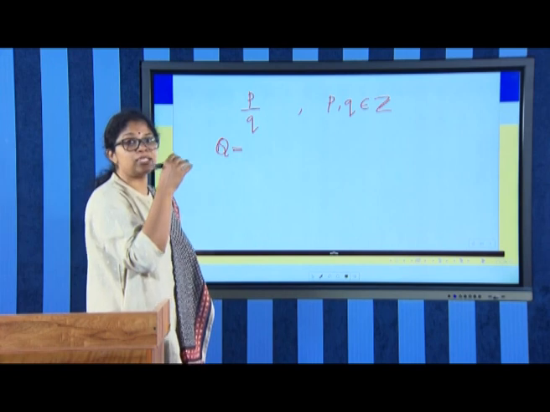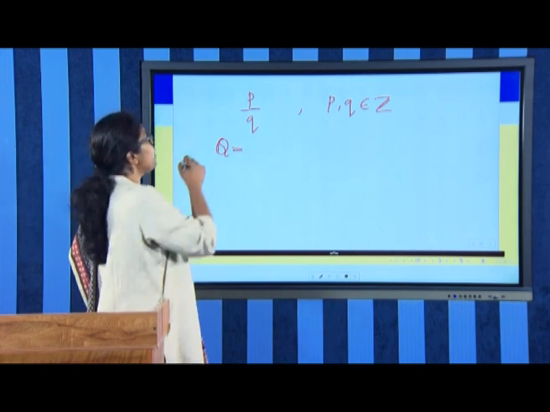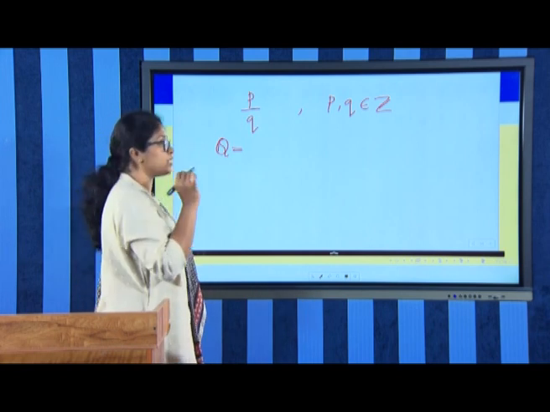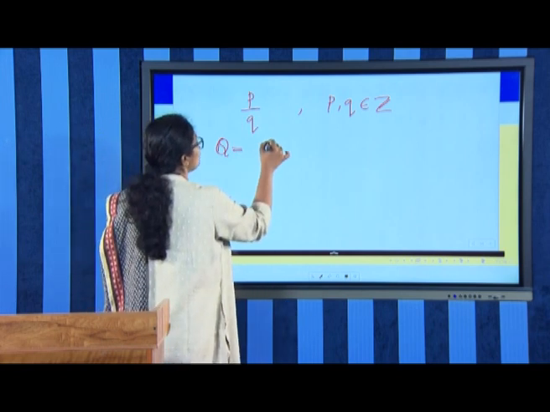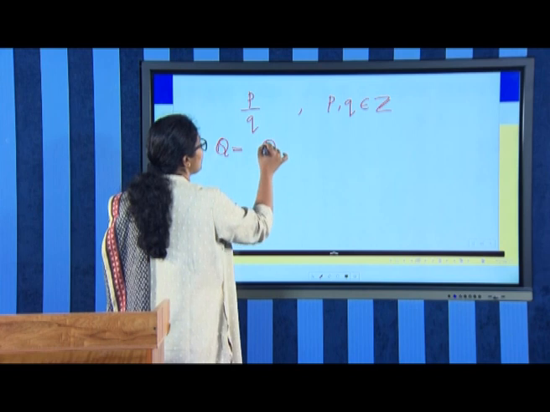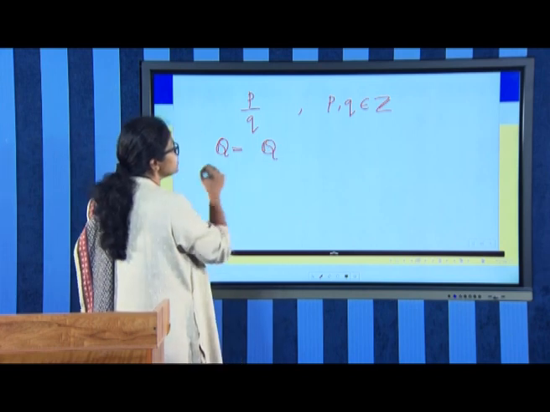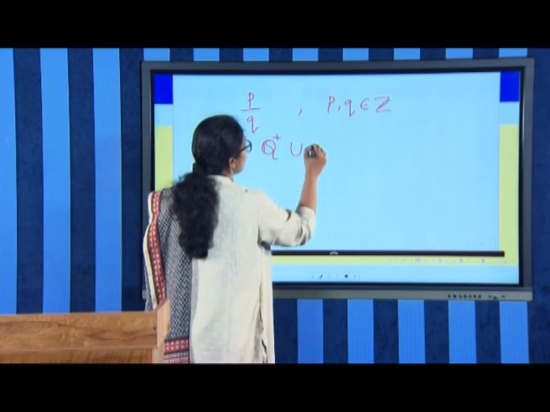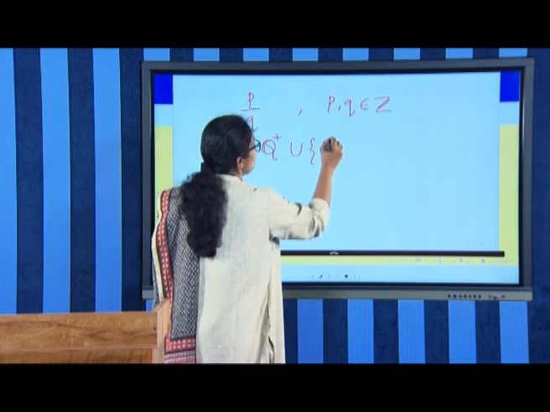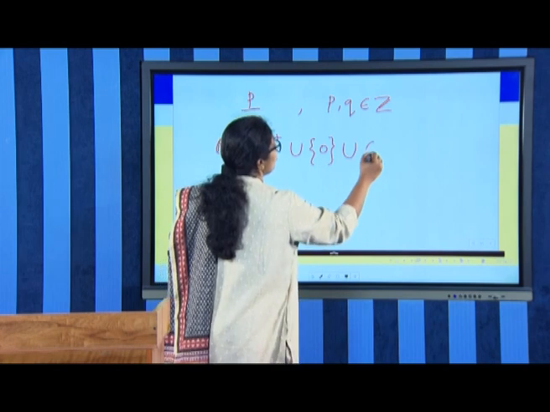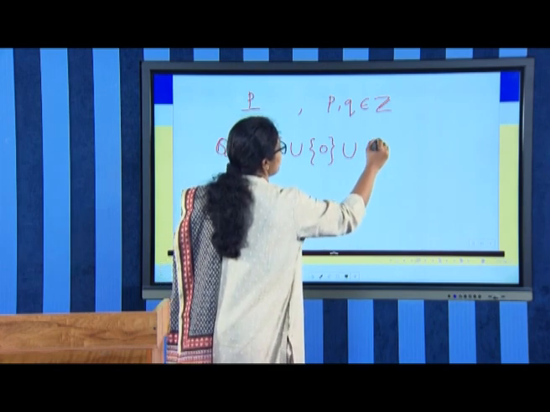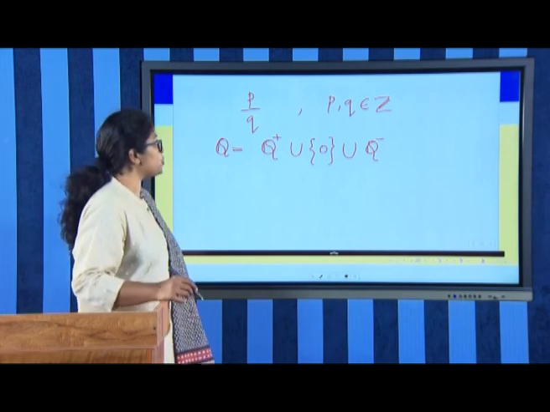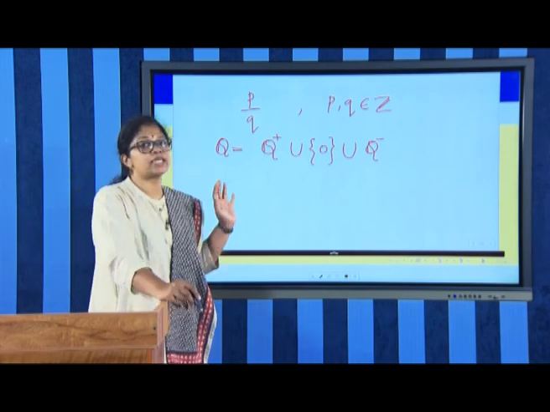If both are negative also, p by q is positive, and if p or q is negative, then p by q becomes negative. So keeping that in mind, we can classify Q as Q plus union {0} union Q minus, where Q plus is the set of all positive rationals only.